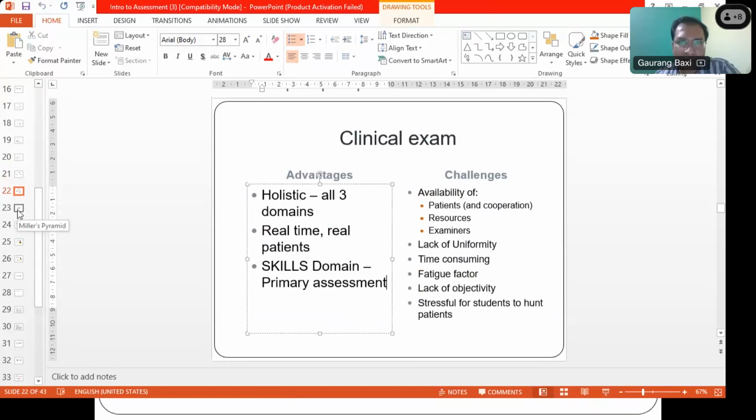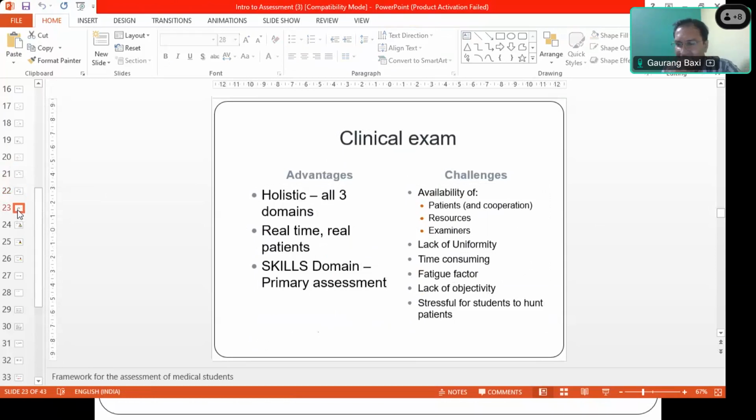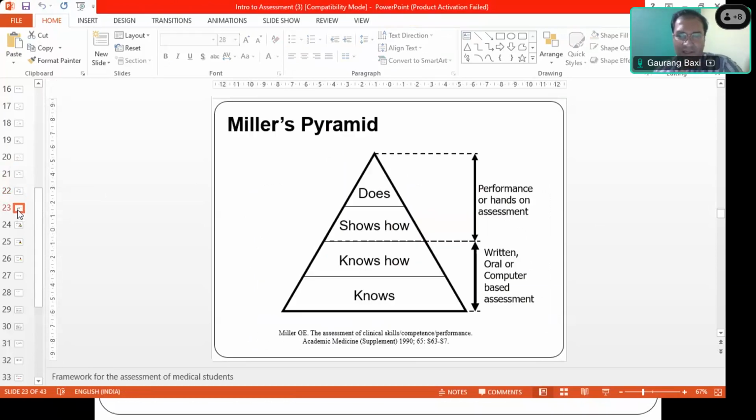Okay, so thank you everyone for getting involved in identifying the challenges and advantages of all these methods. We'll summarize and close with this, the Miller's pyramid. It is the pyramid of assessment of clinical competencies given by George Miller. At the base of the pyramid is the knowledge, knows and knows how.